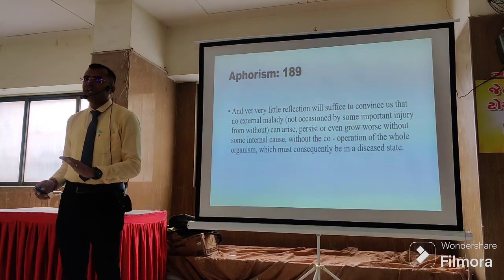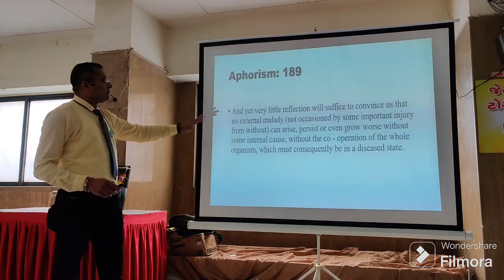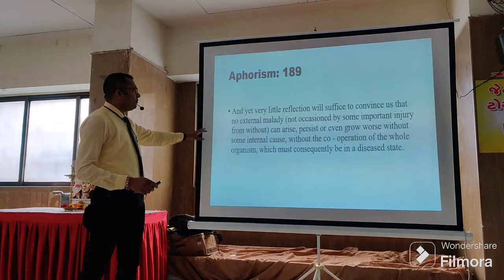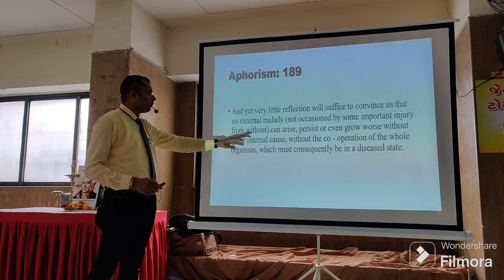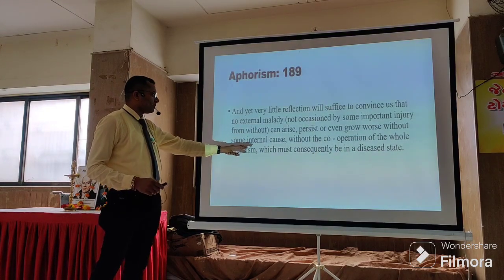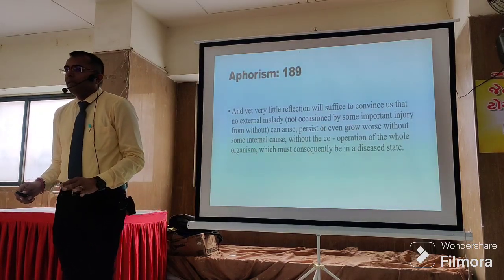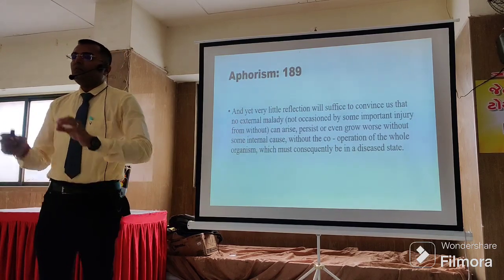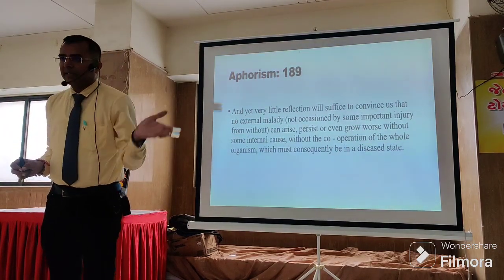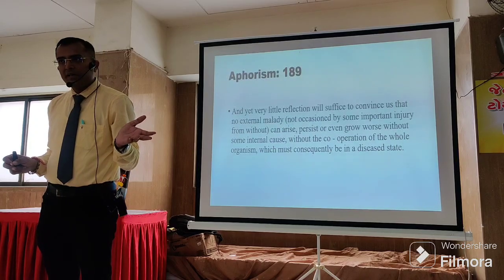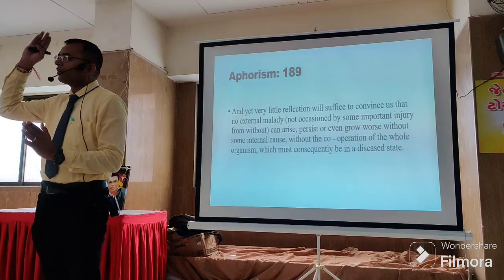What does aphorism number 189 tell us? Yet very little reflection will suffice to convince us that no external malady can arise, persist, or even grow worse without an internal cause, without the cooperation of the whole organism, which must consequently be in the disease state. That means this aphorism tells us that without any cause, a cell cannot react. So if a cell has a pathology, you must find out the cause.